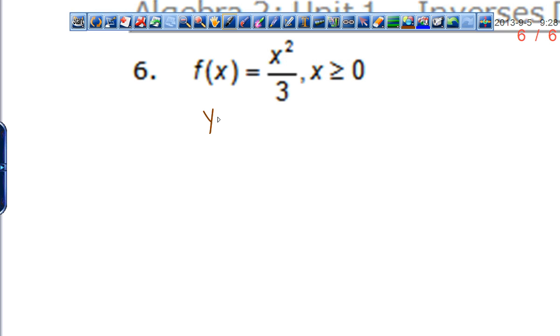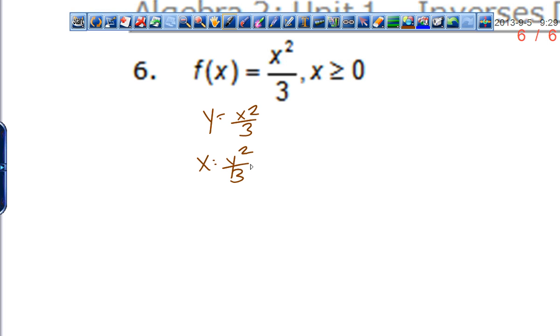So first thing is going to be y equals x squared over 3. Next thing I'm going to do is switch x and y, like always. Always switch x and y. So I get x equals y squared over 3.